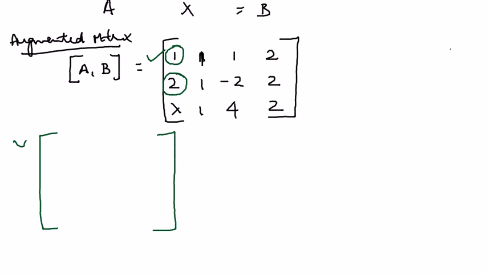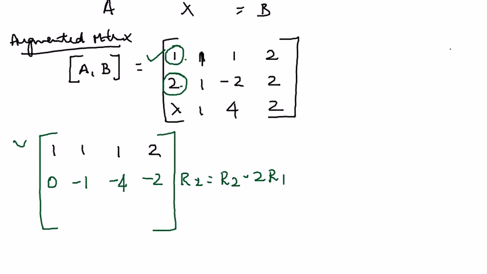Let me write the first row as it is. Then R2 equals R2 minus 2 times R1. So this becomes 2 minus 2, 0, 1 minus 2, minus 1, minus 2 into minus 2, that's minus 4, and 2 minus 4 is minus 2.